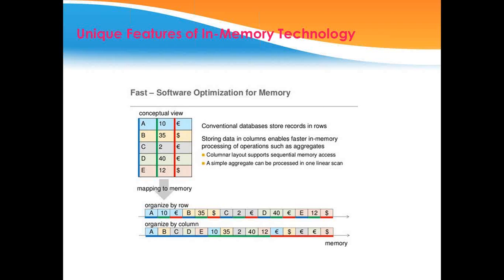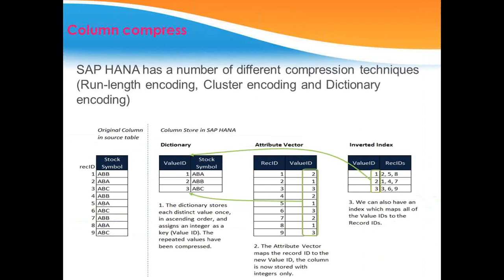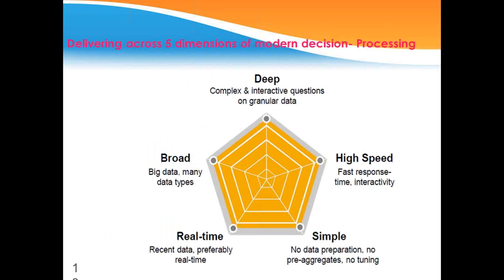Based on all these features, the hardware, row based and column based, I'm not going to explain this slide. It will help you understand how the compression and the column store work. All of this is making SAP HANA a big successful product in the real-time market in terms of data compression, speed, data management, in-memory, and the new innovative hardware technologies.